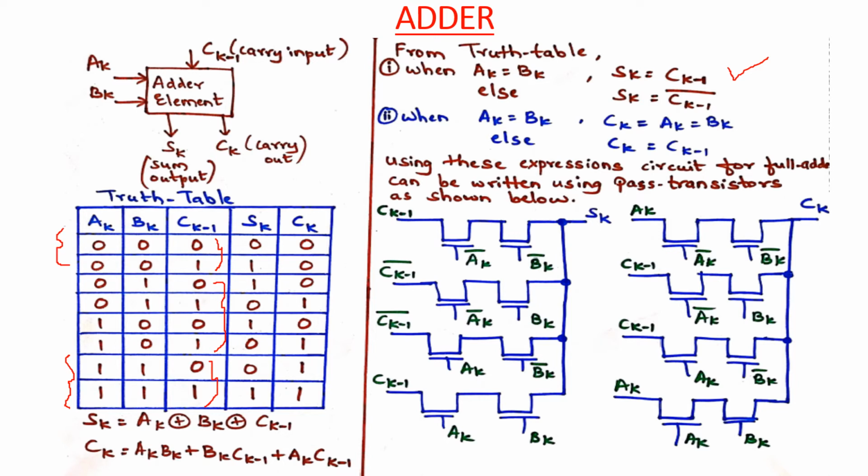Similarly, if we consider the carry output column, if A and B inputs are the same, the carry output is either the A value or the B value, and when A and B are unequal, the carry output is exactly equal to carry input.